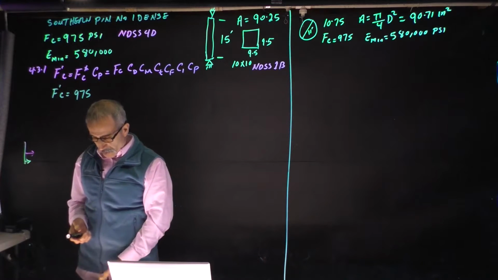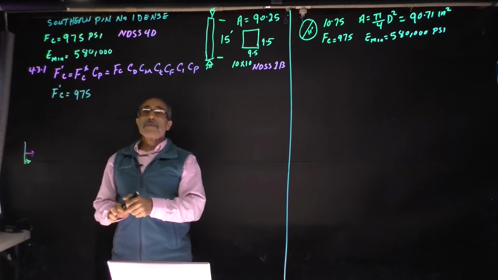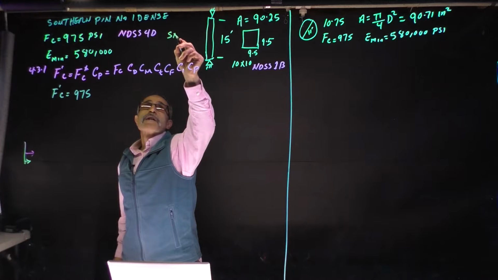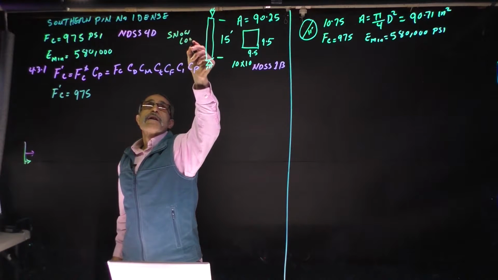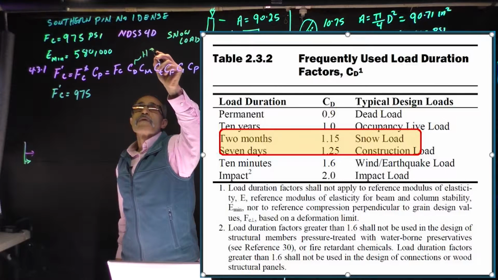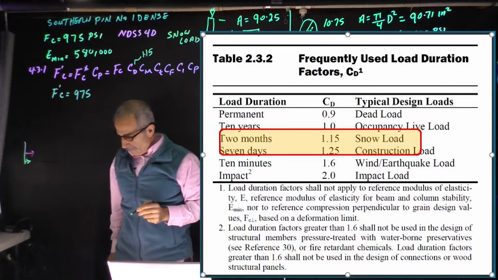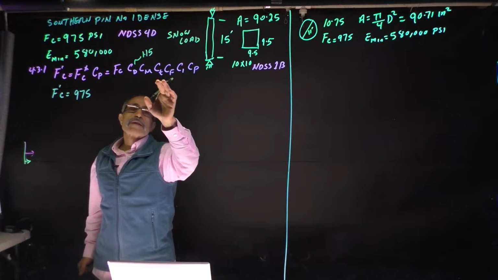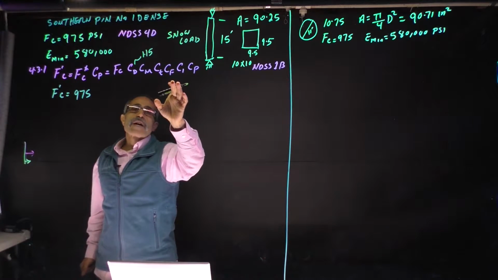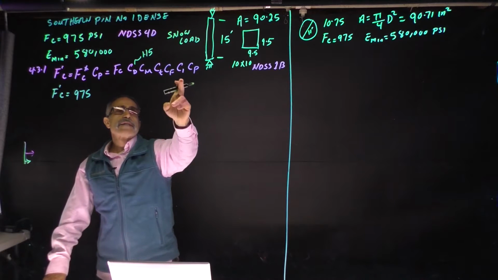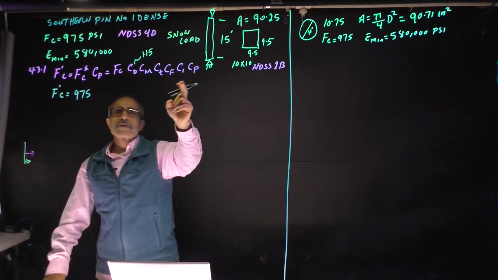Before we continue, there's one thing we didn't mention for CD. We're going to have a snow load combination here, so that means our CD comes out to 1.15. It's going to be a dry condition, CM is equal to 1, Ct is equal to 1. The size factor from table 4A comes out to 1, and Ci is not applicable, so next is CP.